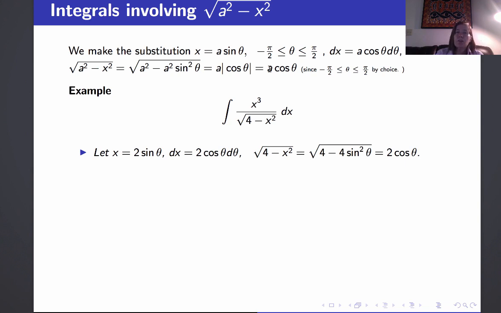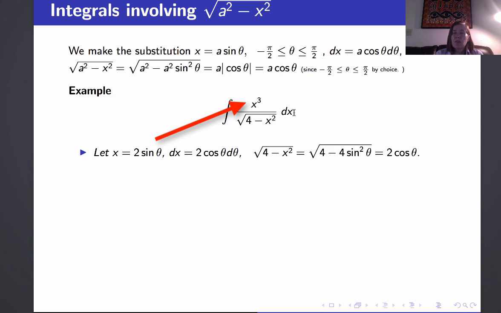And because our theta is in the interval from minus pi over 2 to pi over 2, the square root of cosine squared theta is cosine of theta. So we can replace the square root of 4 minus x squared with 2 times cosine theta, and we can replace the x cubed with 2 times sine theta cubed.